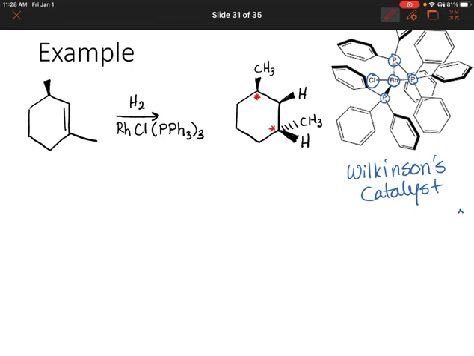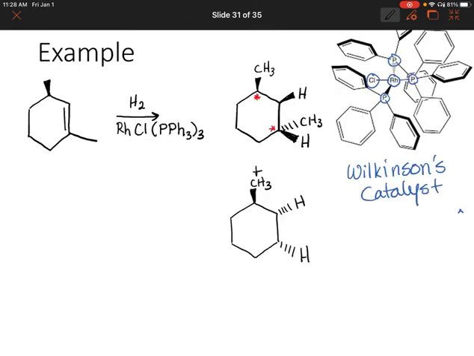Now, those hydrogens, initially I showed them adding from above, but what if they added from below? So that methyl group on the top would stay the same. We're not touching that. But what if the hydrogens came in from below the plane of the ring?